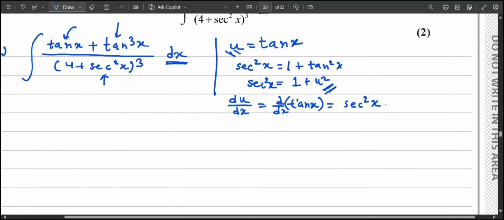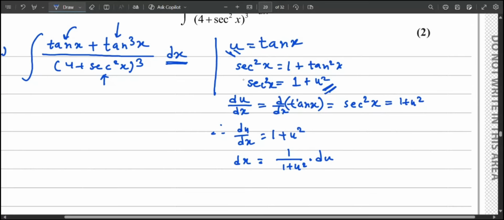We already know that sec square x is equal to 1 plus u square. So ultimately we see that du by dx is equal to 1 plus u square. So dx will be equal to 1 by 1 plus u square into du.